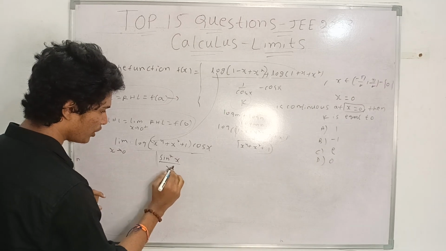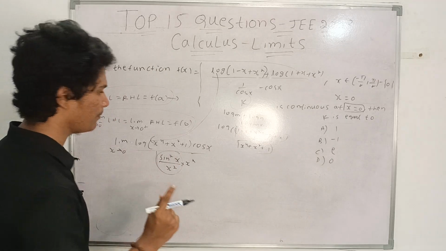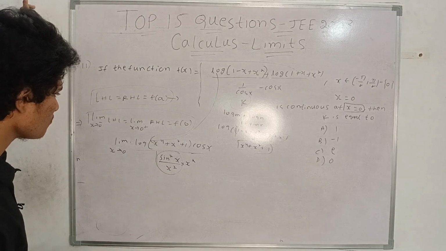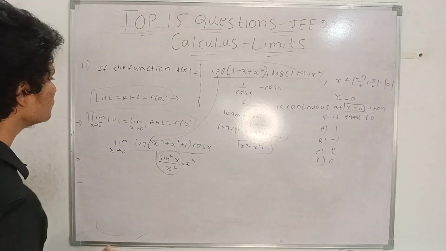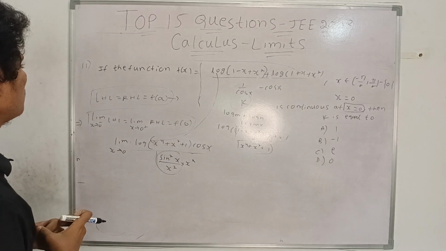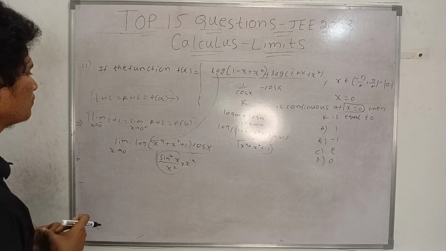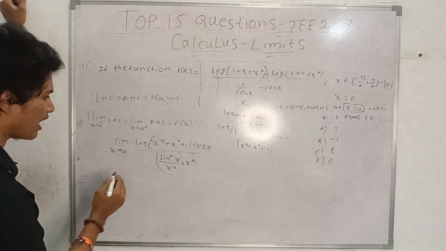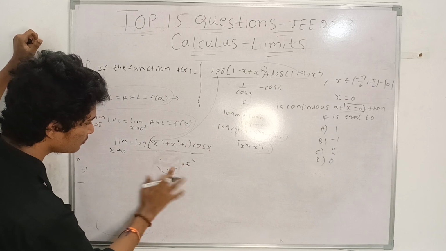This thing can be transferred into x square into x square, and this term is equal to 1. Now we have to solve this complete thing. How to solve this? Again I got an idea, that this complete part is 1.